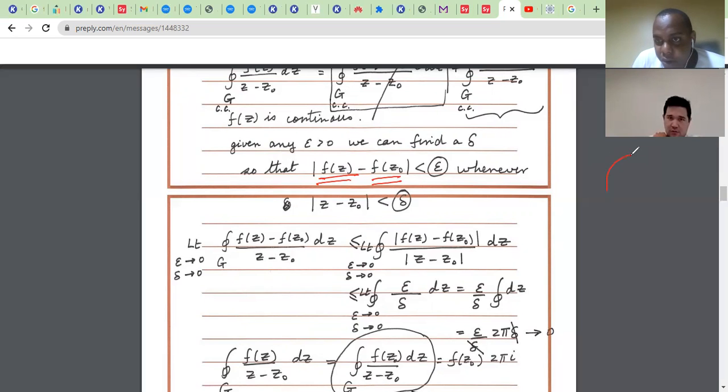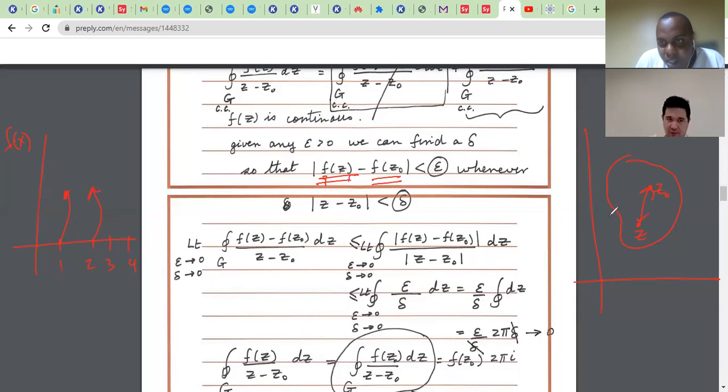Whenever you draw the curve on the plane, you could have a z there and a z naught there, and these are inside the curve, right? Yes. But the function kicks them out of the curve into some other imaginary space. Let's say you are dealing with real numbers: you have 1, 2, 3, 4, and a function f of x that picks these numbers and pulls them up somewhere.